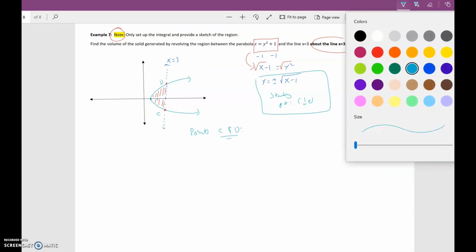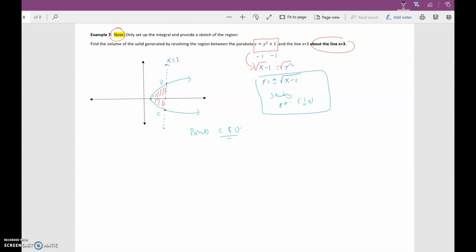That only occurs in the equation, so let me rewrite it as x is equal to y squared plus 1, and you have that x is equal to 3. So x is equal to 3 means that 3 is equal to y squared plus 1. If we subtract 1, you have 2 is equal to y squared, and then taking the square root of both sides, we end up solving that y is equal to plus or minus the square root of 2.